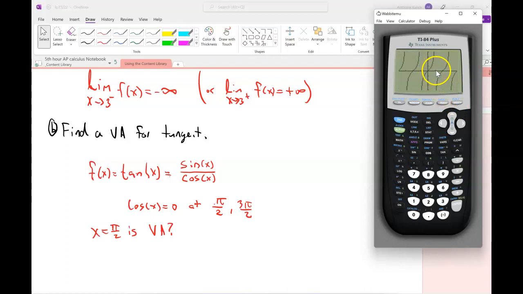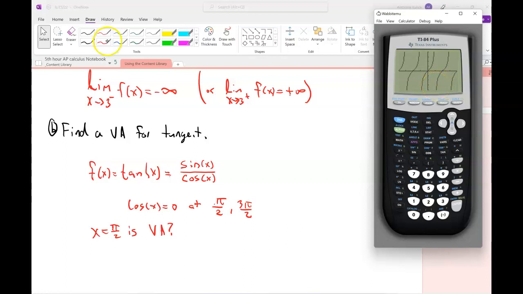So here's 0, here's pi over 2. That's an asymptote. So notice the left-hand asymptote goes to positive infinity, and the right-hand asymptote goes to negative infinity.